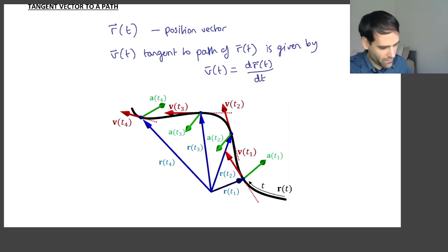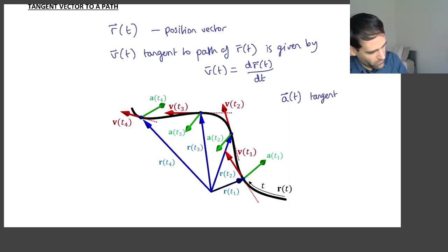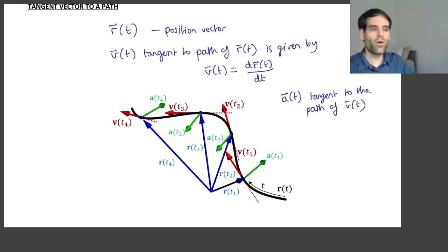Okay, and then the acceleration a(t) would be tangent to the path of v(t), if you actually plotted it. So this path is not plotted in this figure.